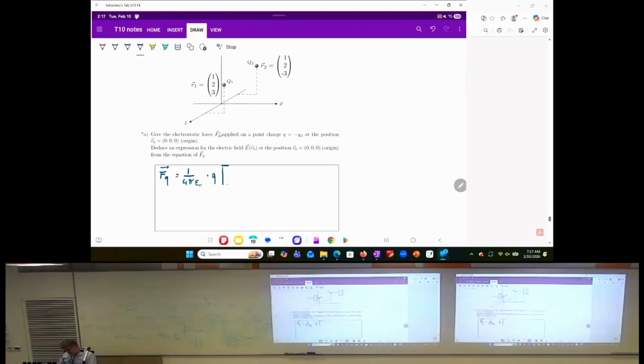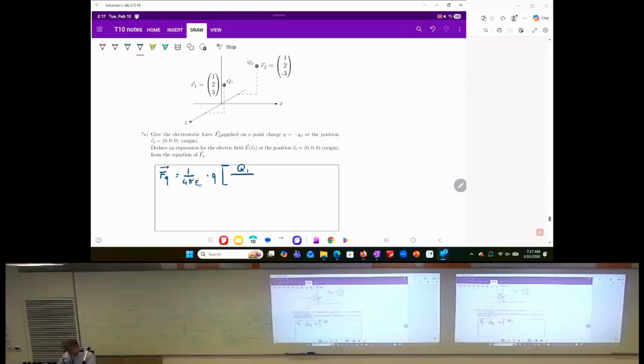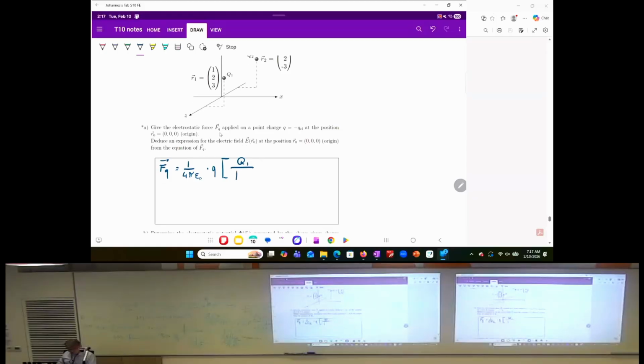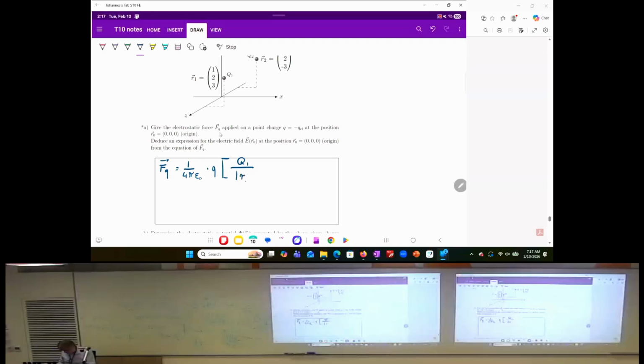And now use the superposition principle. You have here for the first charge Q1 over R1 to the power of 3.